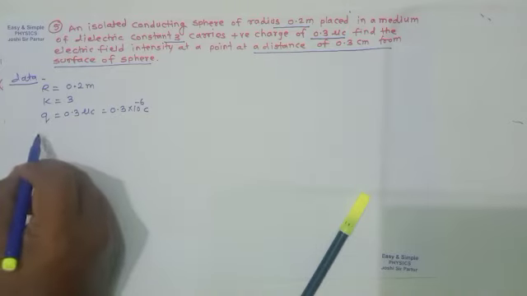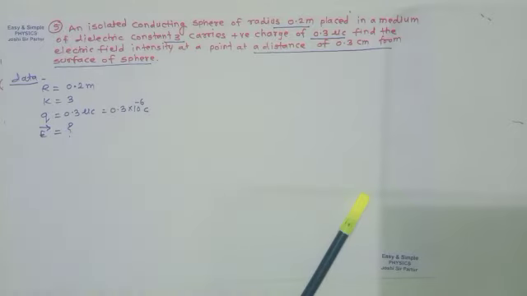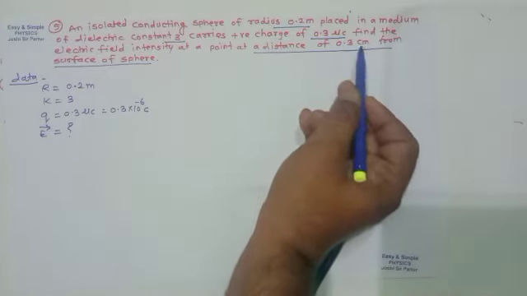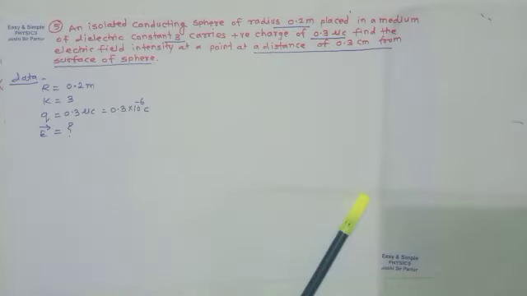Find the electric intensity at a point at a distance of 0.3 meter from the surface.